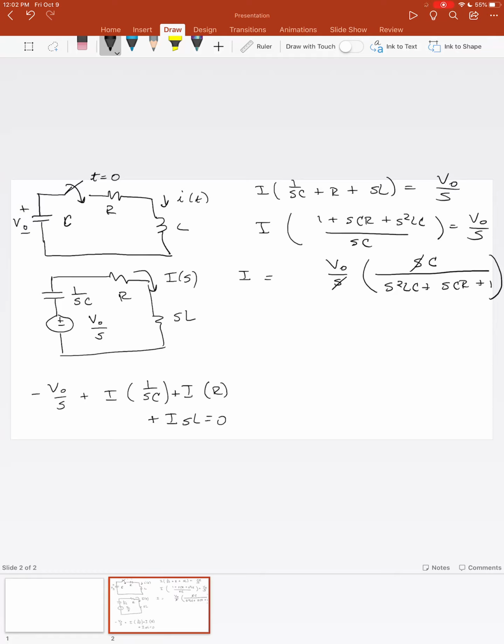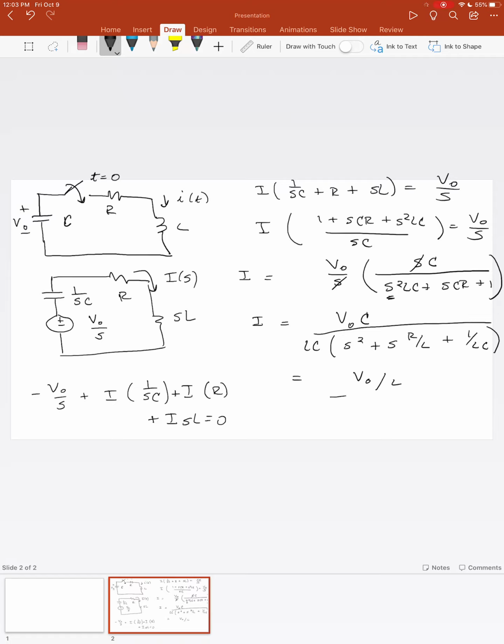Okay, note now that the s is canceled, and out of the denominator I'm going to factor out an LC, because remember, in transfer functions you always want the highest order of the polynomial to have a coefficient of 1. So factoring out an LC, s squared plus s R over L plus 1 over LC.